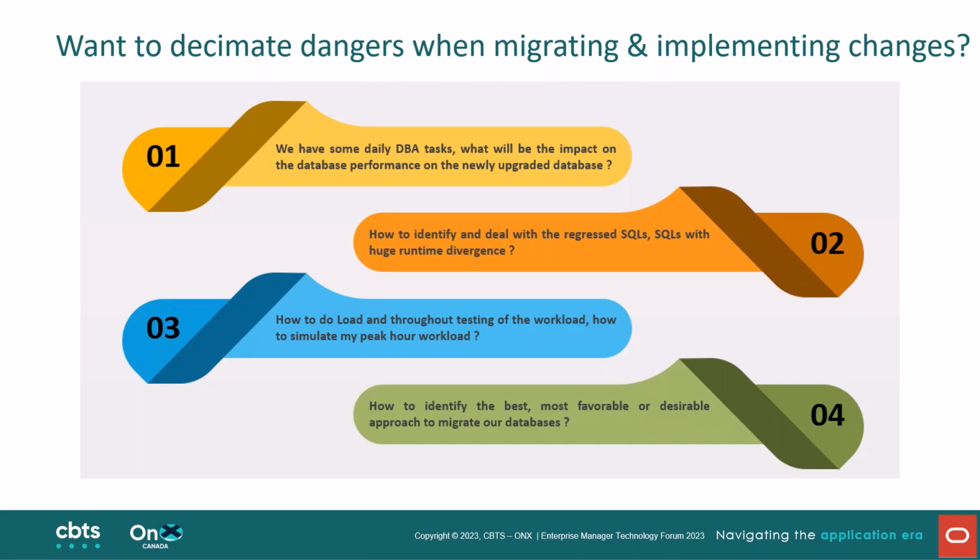And the third question I always hear from the customers is how to do load and throughput testing of the workload, like how exactly they'll do the end-to-end testing of this workload, how to simulate my peak workload on the new system, which is soon going to be a new system, right?